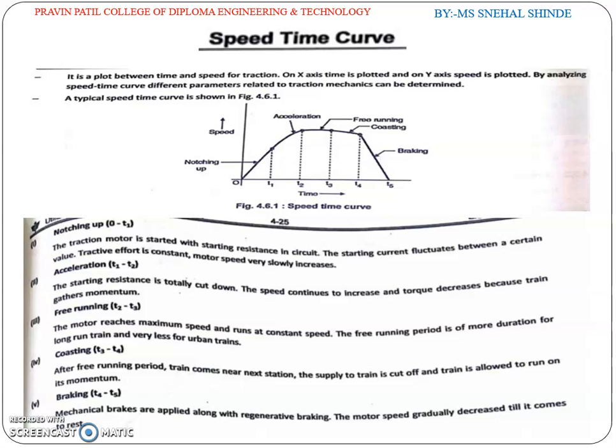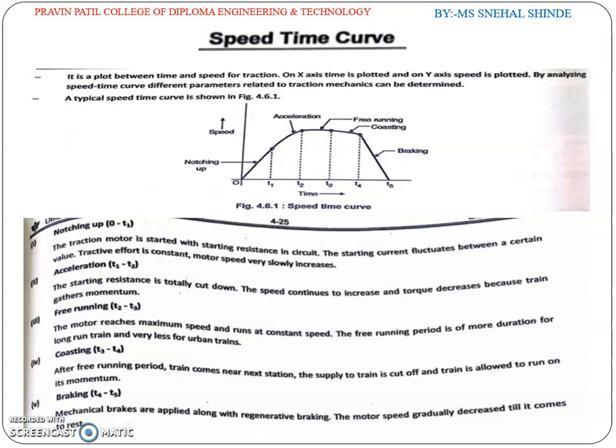The traction motor is started with the starting resistance in the circuit. The starting current fluctuates between certain values. Tractive effort is constant. Motor speed increases very slowly.